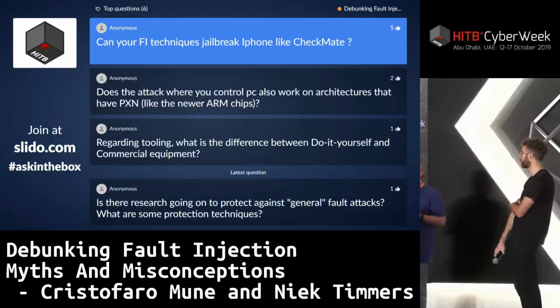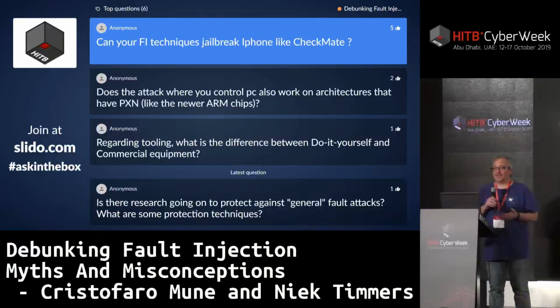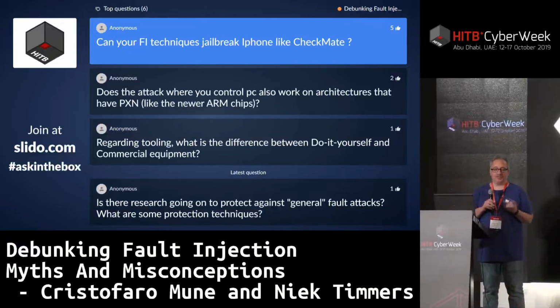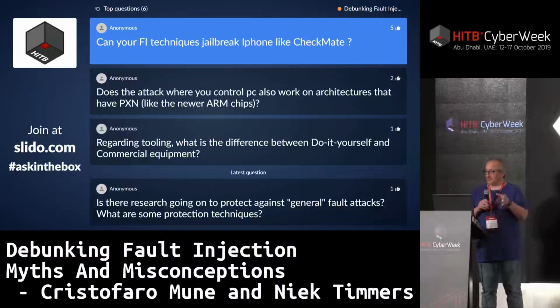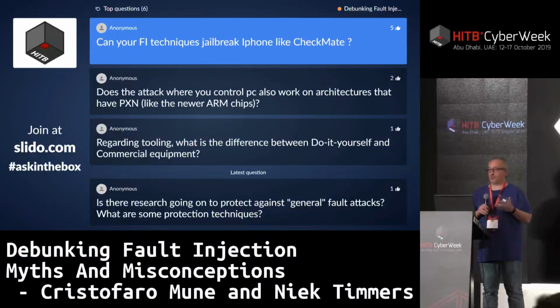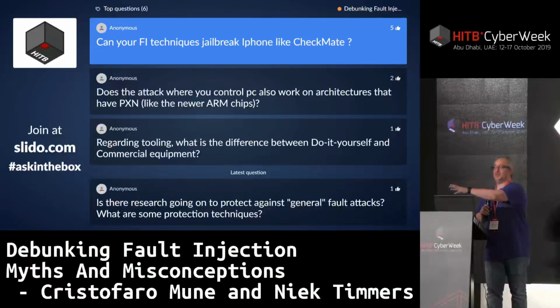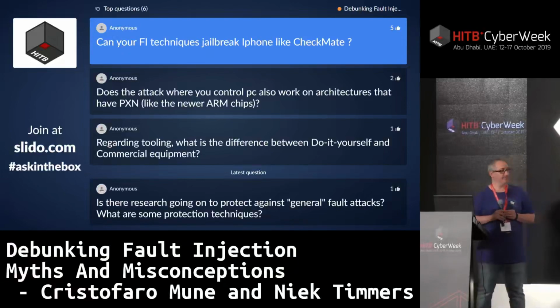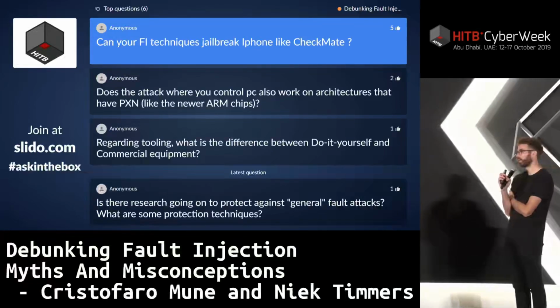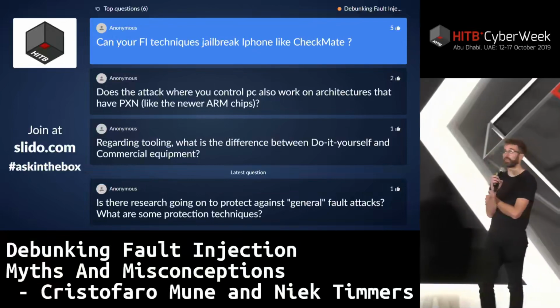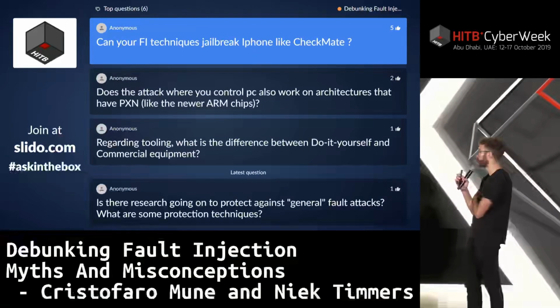Basically, the point is that if the hardware is vulnerable to some fault injection techniques, then you might use that susceptibility to implement some of the attacks that we discussed. I think that's the key point that you should always ask. If it is vulnerable, then you can probably find ways through that. And as far as there is public information about this, there is nothing in the iPhone that should prevent these types of attacks.